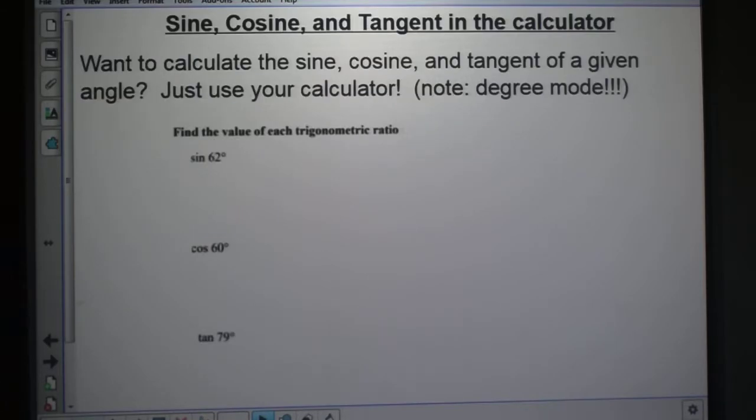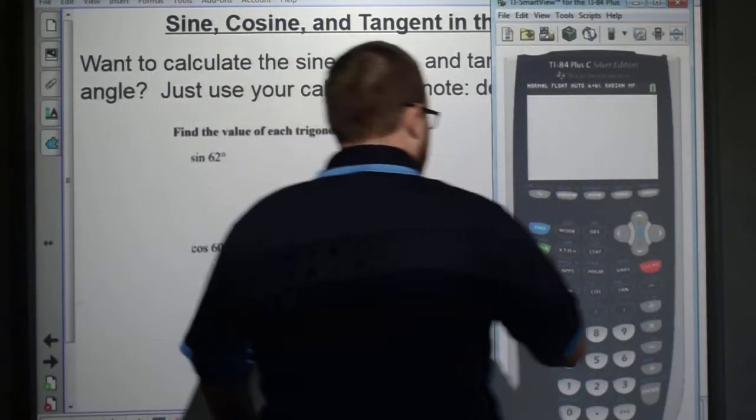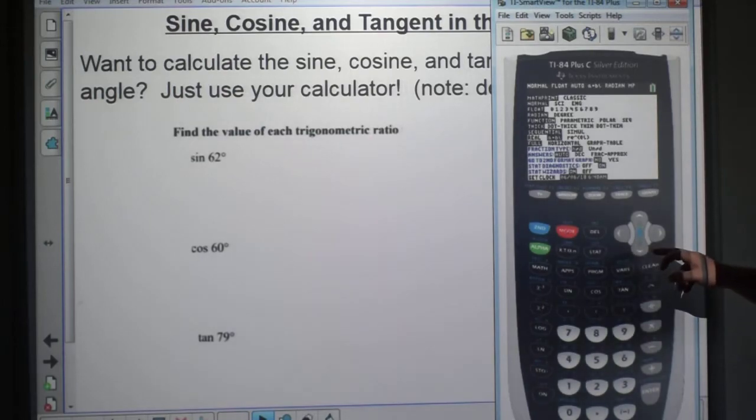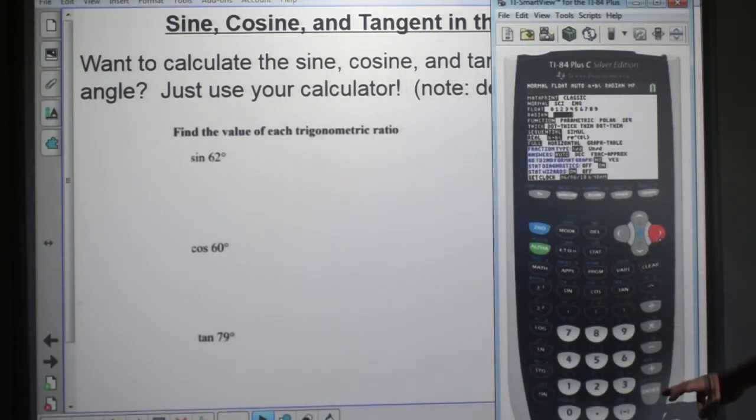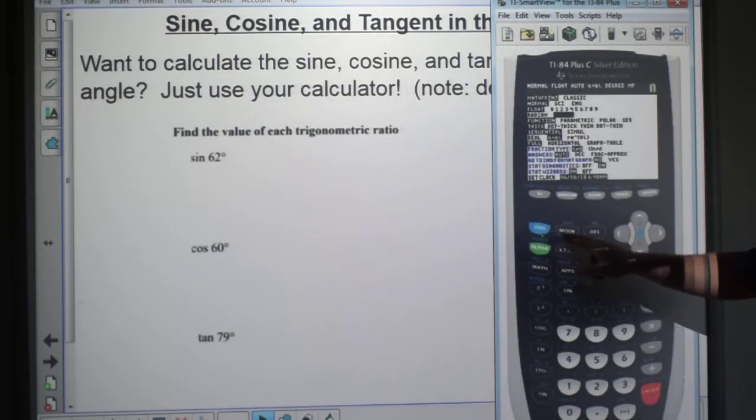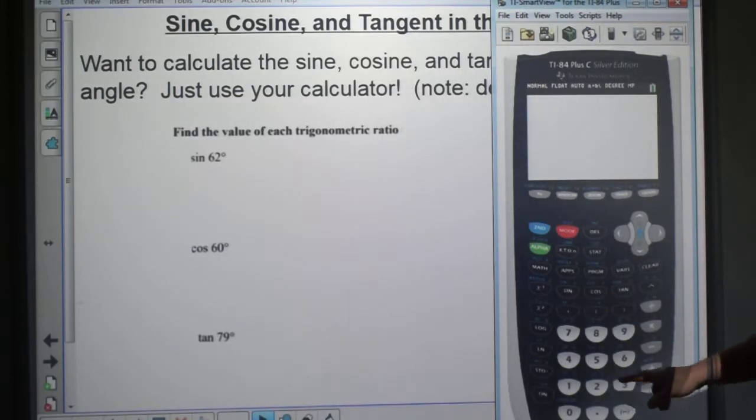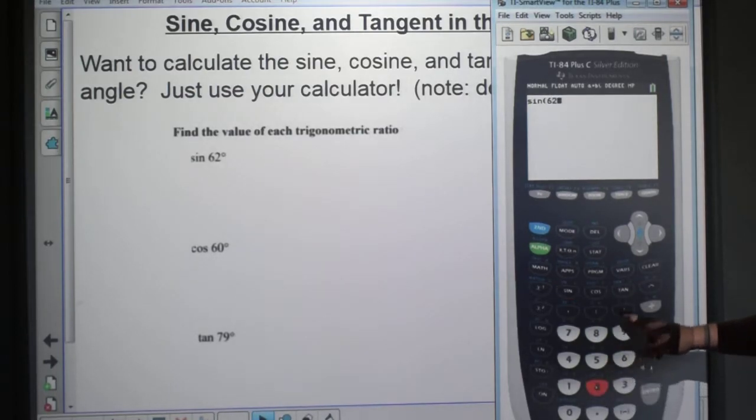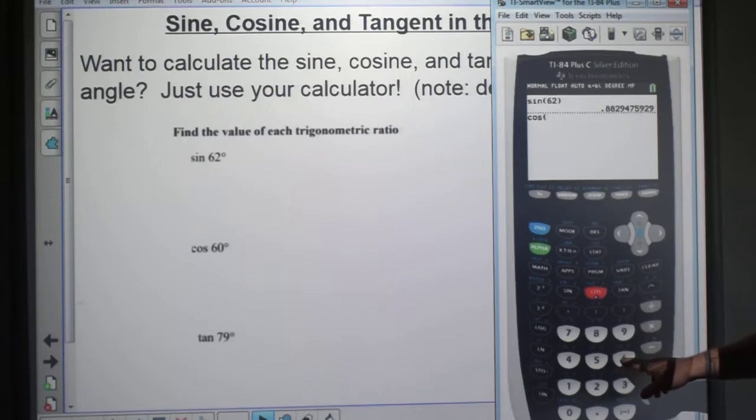What if I need to do it in a calculator? Make sure I'm in degree mode. So go to mode. Right now I'm in radian mode. I need to go to degree mode. If I want the sine of 62, that's pretty easy. Or the cosine of 60.